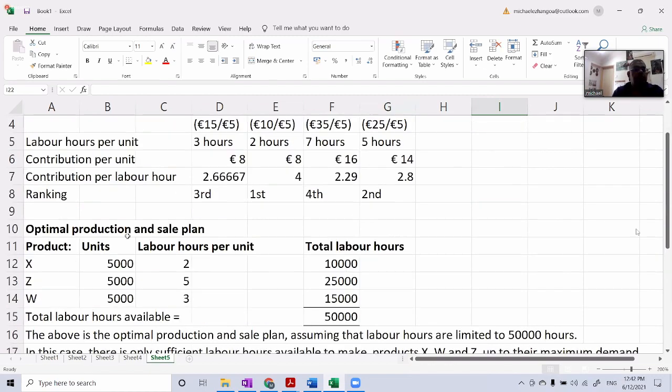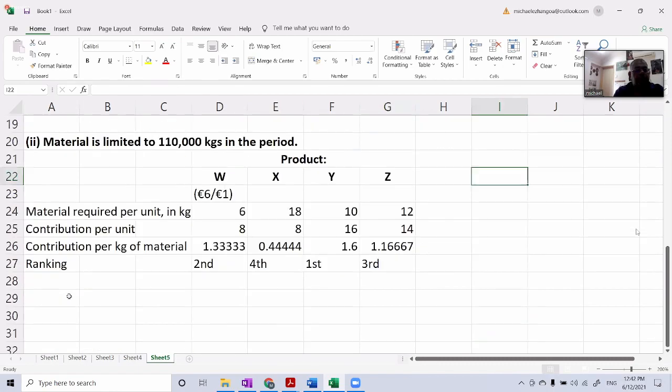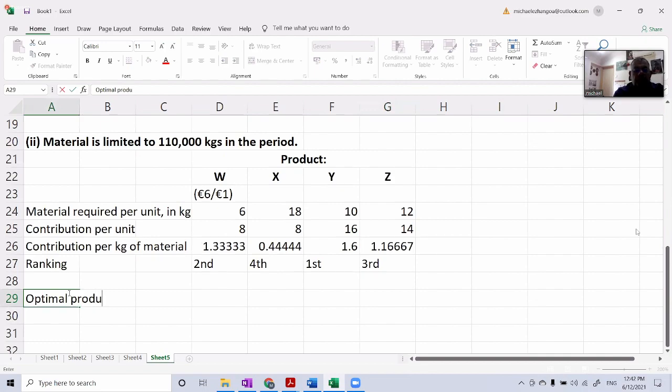Okay, so then we do this optimal production and sales plan.